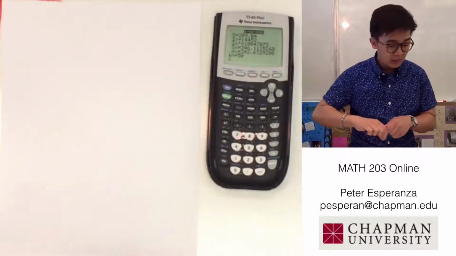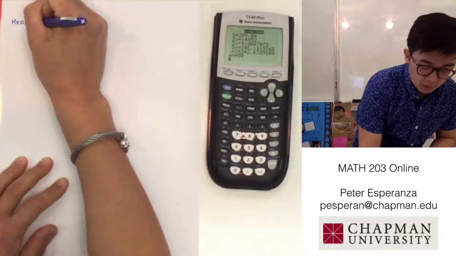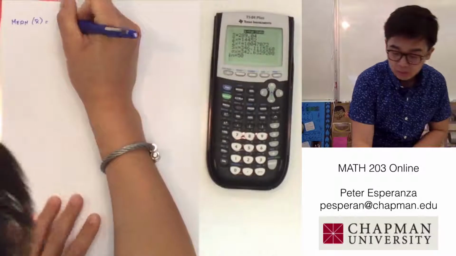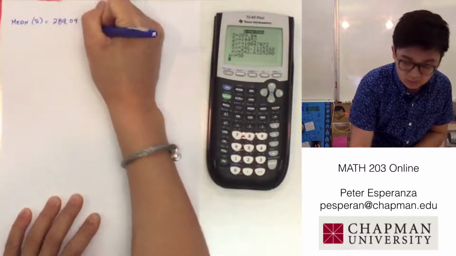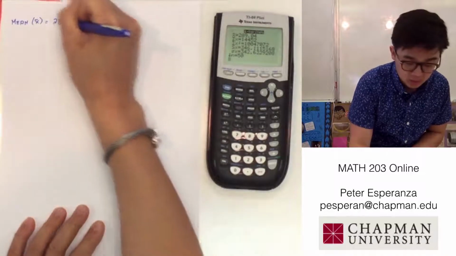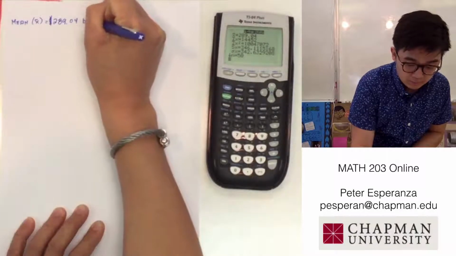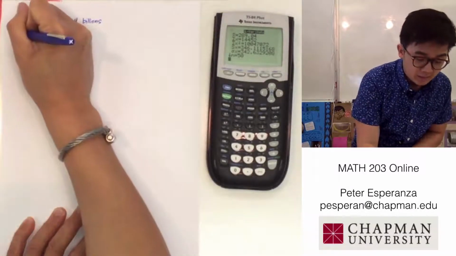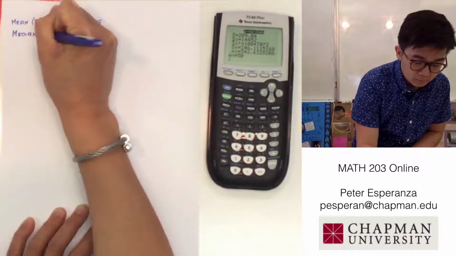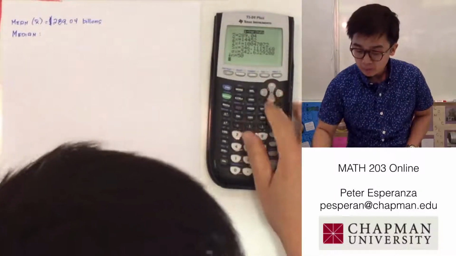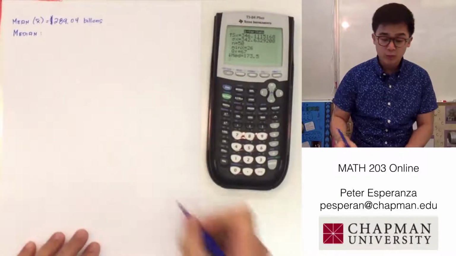So we can say that the mean, x bar, of this distribution is 289.04, and it's in billions of dollars, so we can just put dollars in billions. And the median is going to be, if you just use the cursor, it will give you the value of the median, which is 173.5.